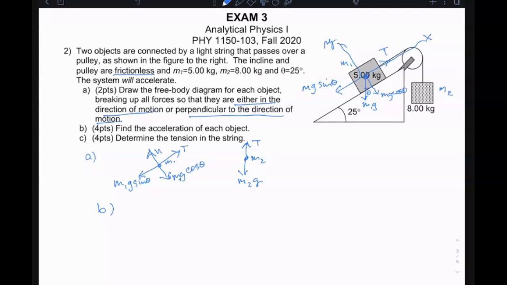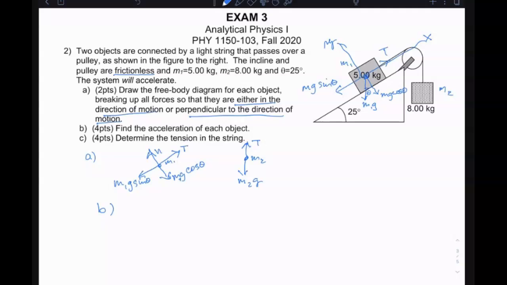Well, the two objects are connected by a common light string, and so the string and the two masses are all going to move with the same velocity and the same acceleration.